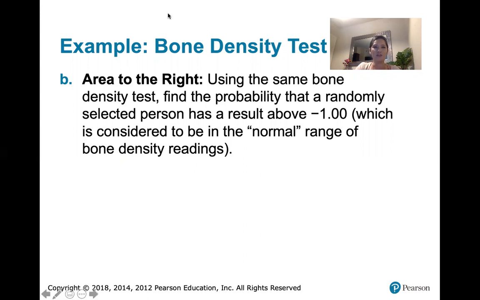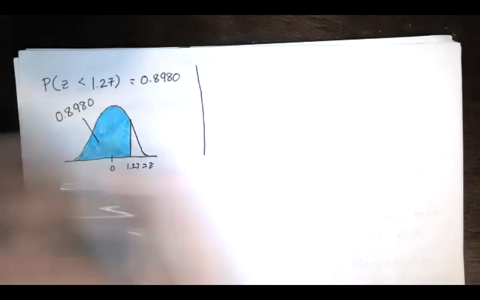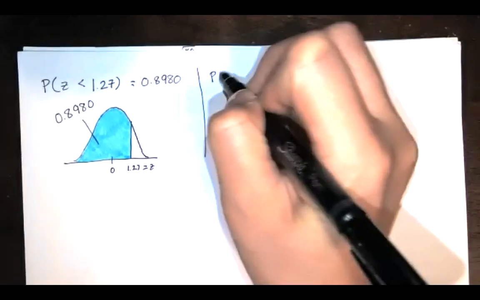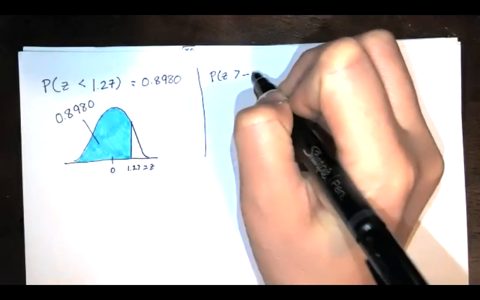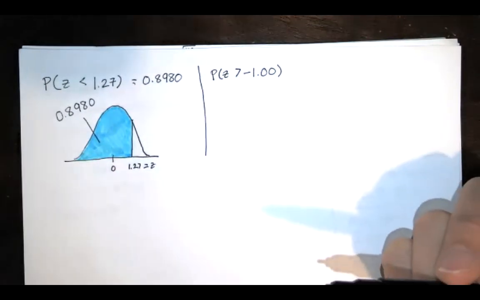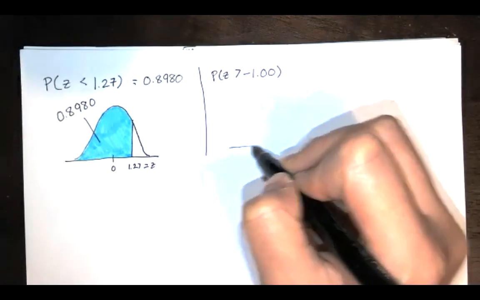So in order to solve this problem, I'm going to share my paper with you. This time we want the probability that the Z-score is more than -1.00, and that means that the person has a normal bone density test result.